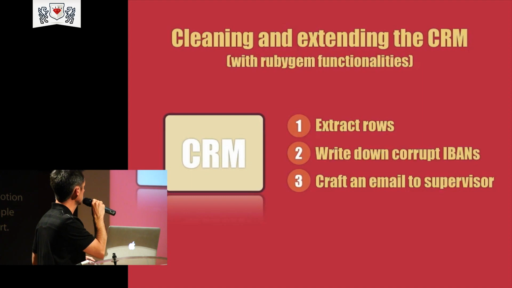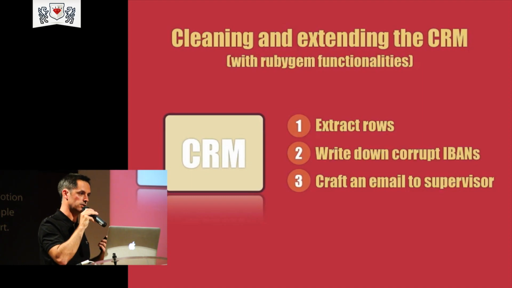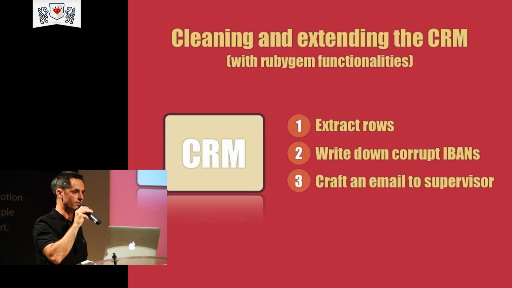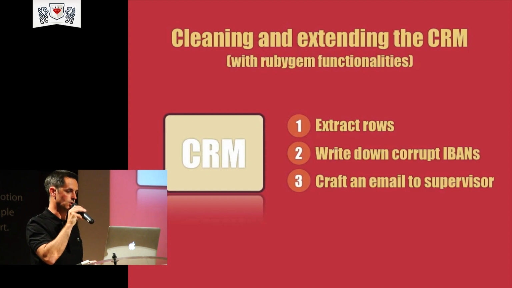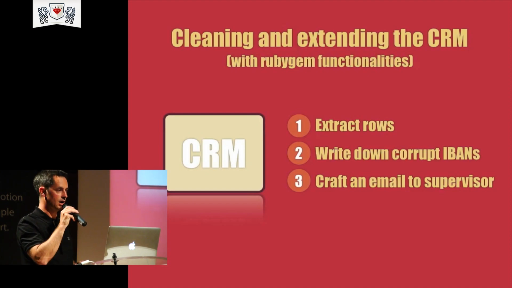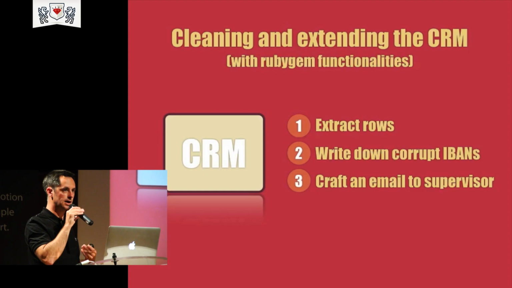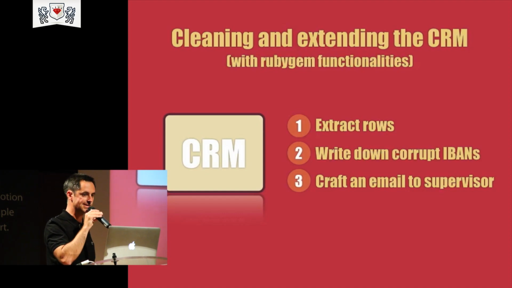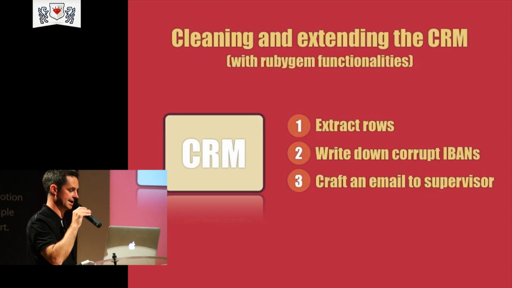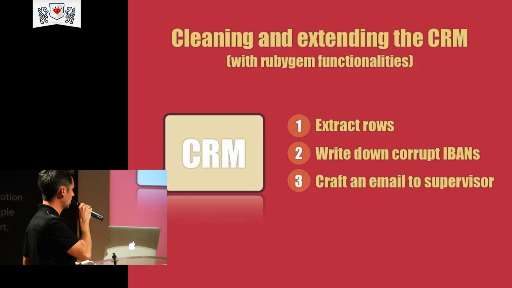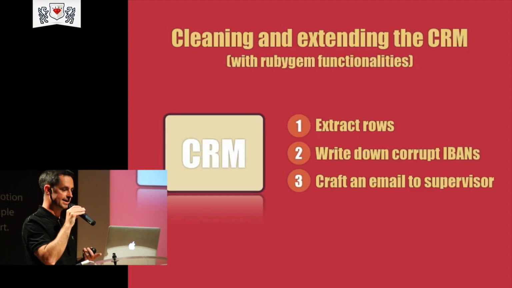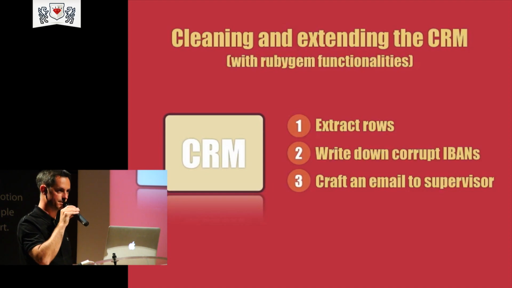Another pattern is that you still have the old CRM or fairly old app that you don't know how to extend too much. How can you clean existing data in the CRM or extend it with Ruby gem functionalities? It's a bit similar to what I showed earlier. You can extract the rows. In that case, I had IBAN bank account numbers.